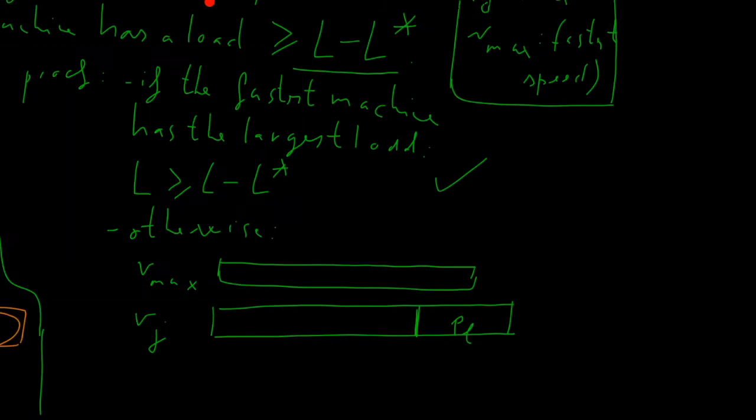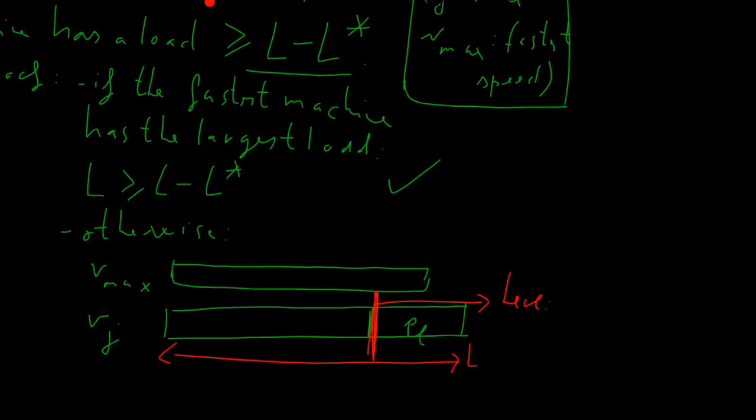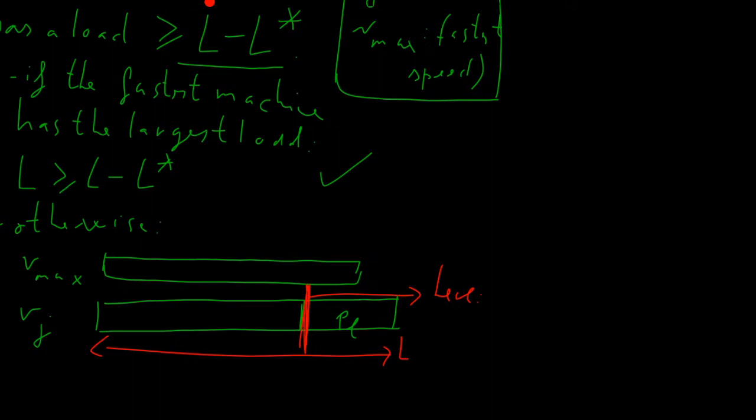It means that at the time point when we scheduled the job PL, this guy is L. So of course we had some load for the fastest machine here as well.